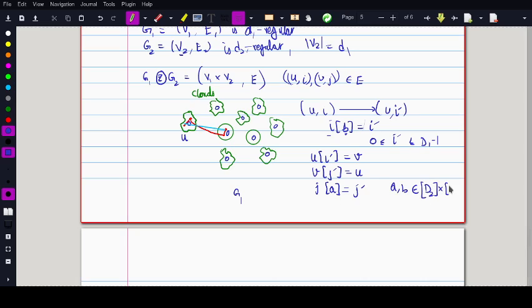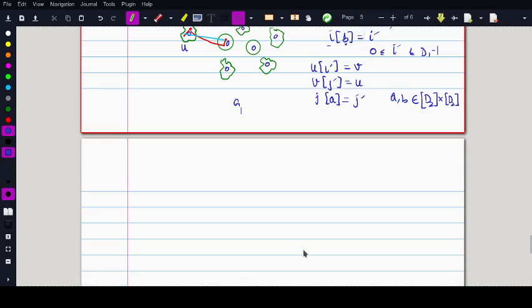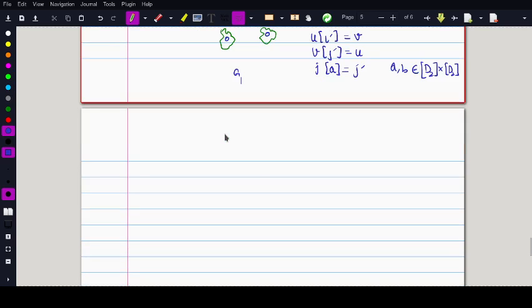So they run over d2 cross d2. So yeah, this is how you define it. This is a very weird sort of transform, but it works in a similar way.